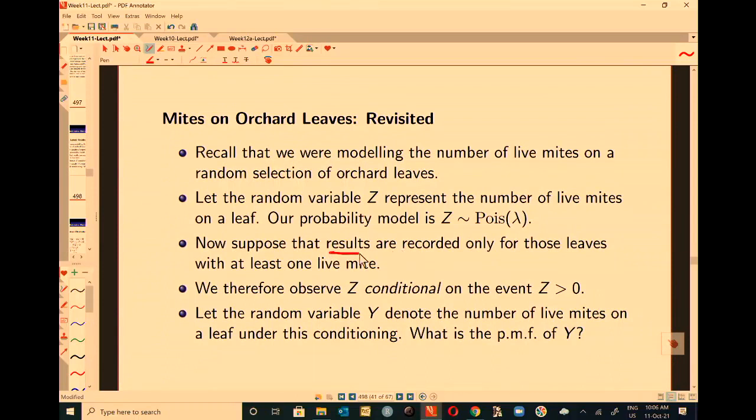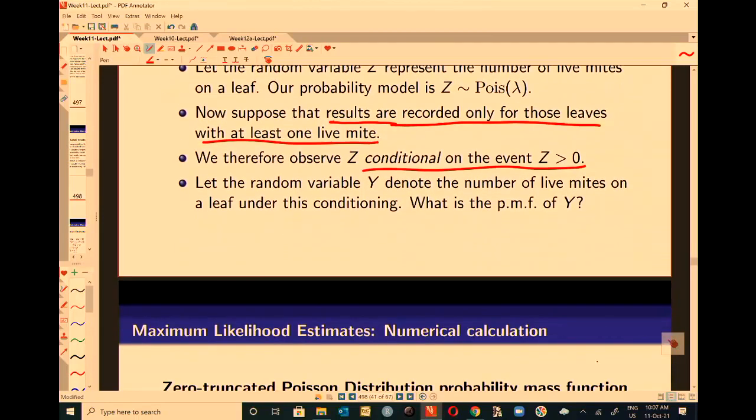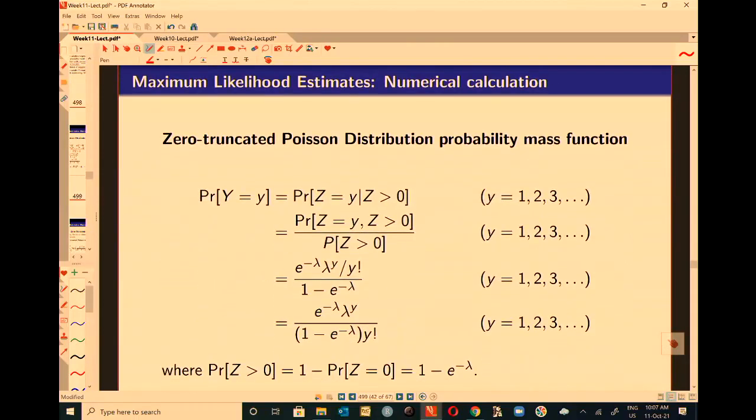So here now we're recording results only for those leaves with at least one live mite. So this is conditional on the event that z is bigger than 0. This is a conditional distribution now, and all the probabilities have to be revised accordingly. So here is the distribution.